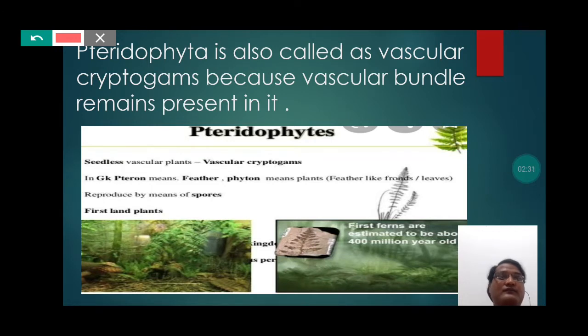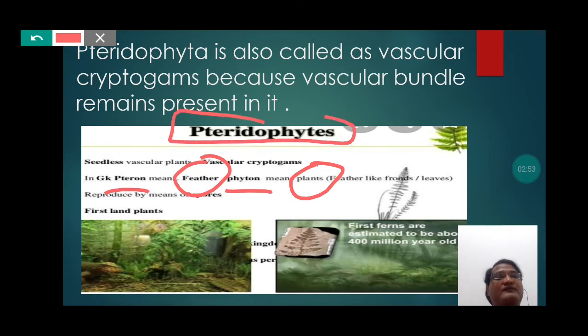Students, phyton means plants and pteron means feathers. So students, from this picture we can also understand that these are the category of plants which appear like feathers.